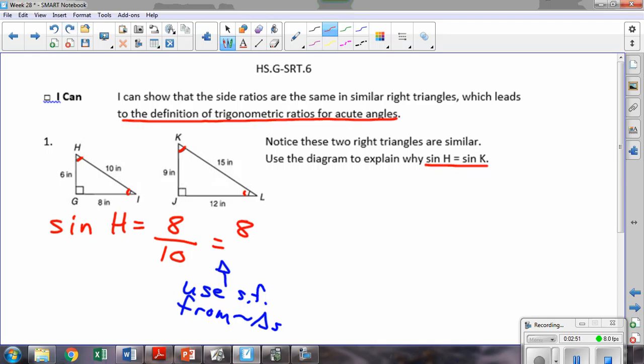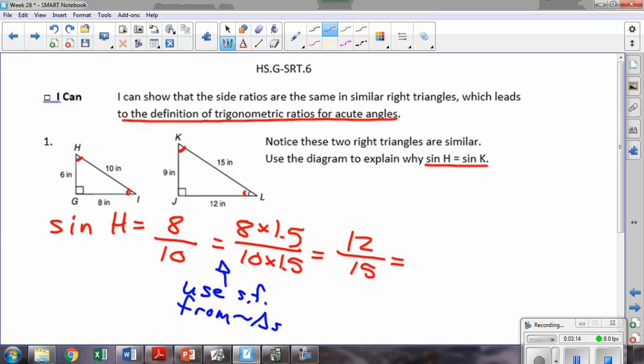To use it, we will multiply. What is 8 times 1.5? 8 times 1.5 equals 12. What's 10 times 1.5? 15.